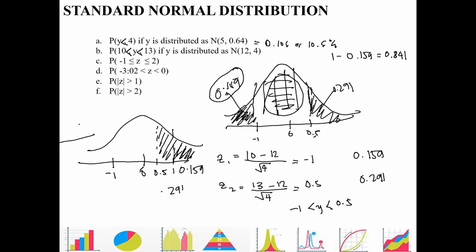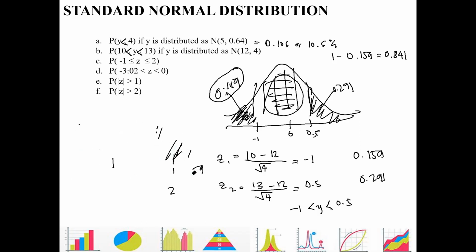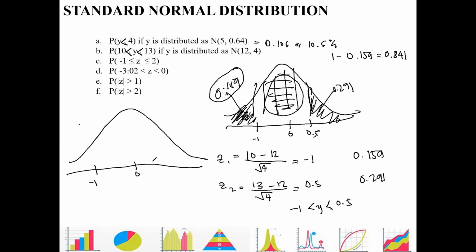Then, yung 0.841 na yon, kung ito ang bell curve, negative 1, 0, 0.5, ang tinutukoy na natin na area is this one. Yan na yung 0.841.